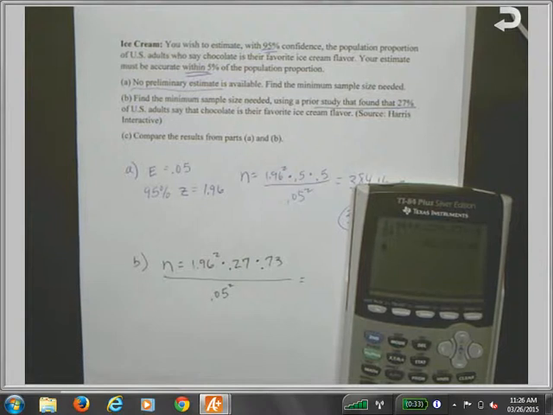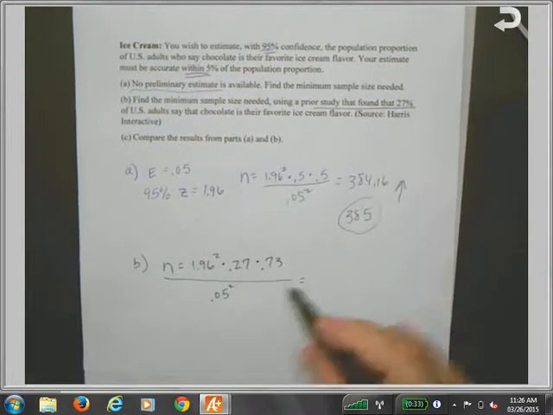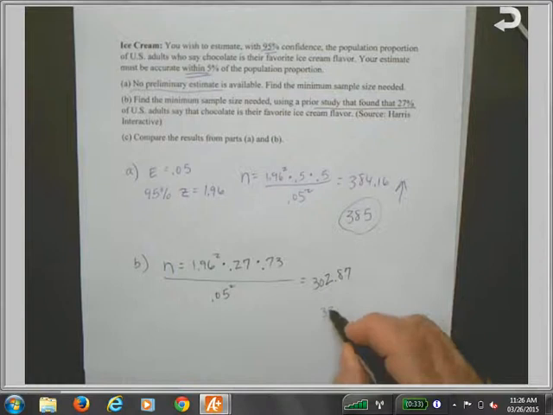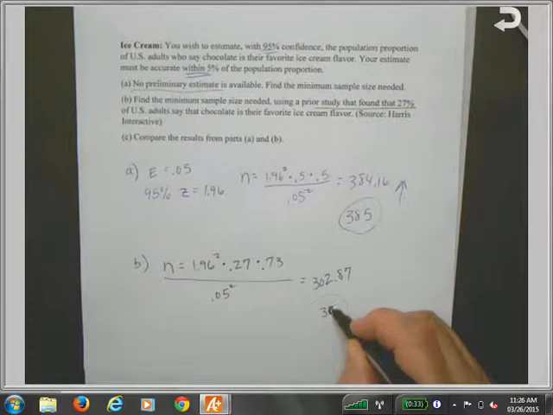And that gives 302.87, and rounded up, that'll be 303. 303 people.